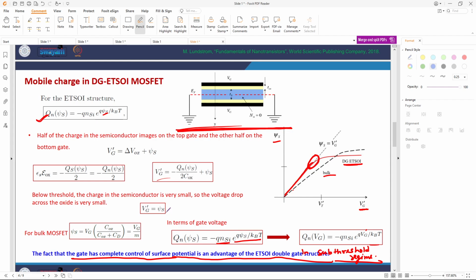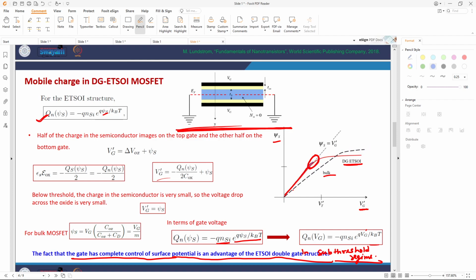So for a double gate silicon on insulator device, psi s will follow Vg dash. But previously we saw for a bulk MOSFET, it did not. It was always less than that, and eventually it flattened at around 2 times psi b.